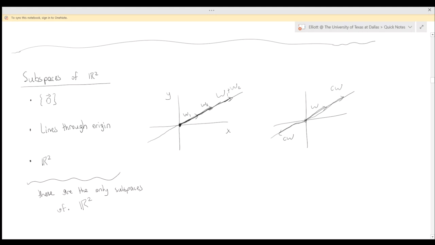So any other subset of R2, which is not a line through the origin, or R2 itself, would not be a subspace. Either closure under addition would fail, or closure under scalar multiplication would fail. Okay.